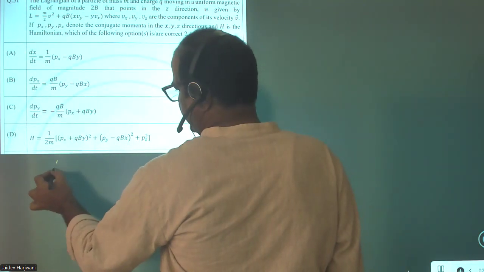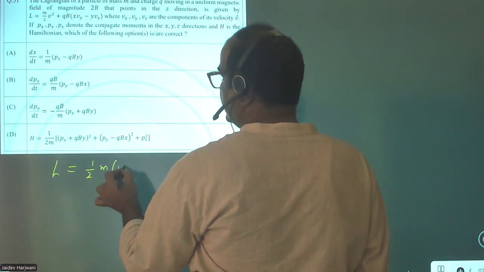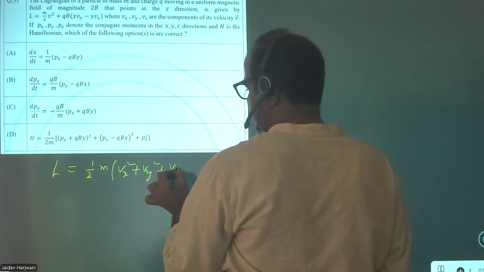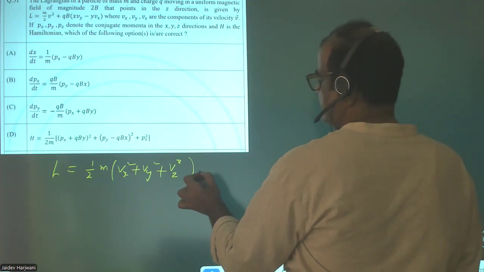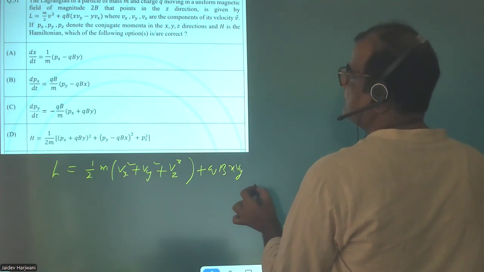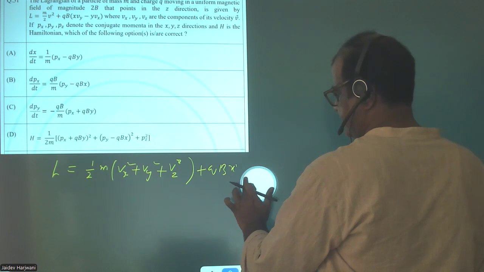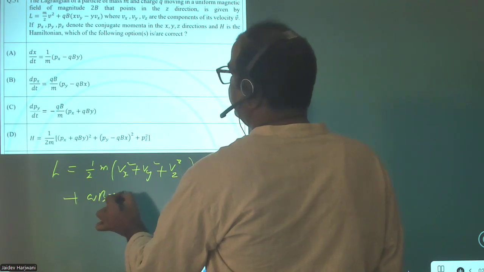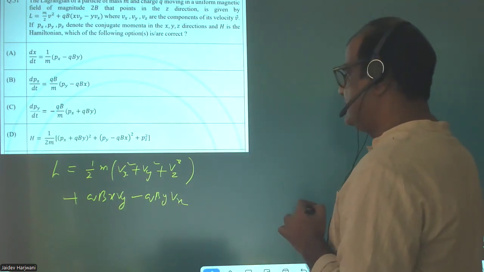Lagrangian L is half m (vx square plus vy square plus vz square), and then you have plus q B x vy minus q B y vx. Okay, this is my Lagrangian.